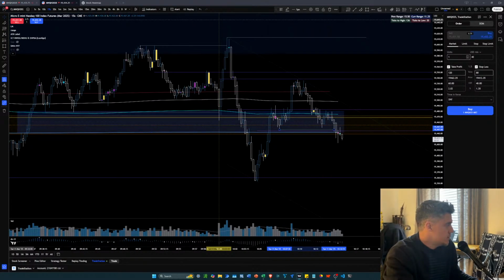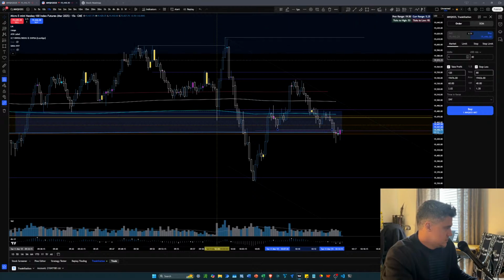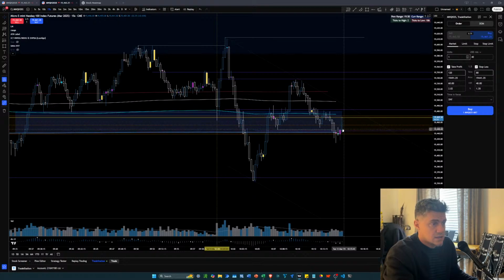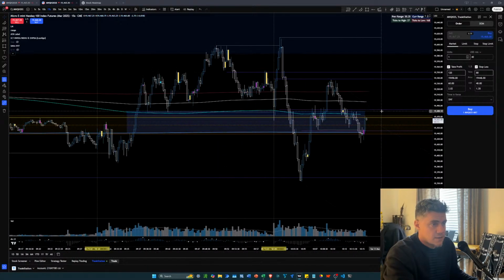Given the overall market, still have to probably lean towards a long. Yes. Oh, that's a long trigger right there. I wasn't watching.